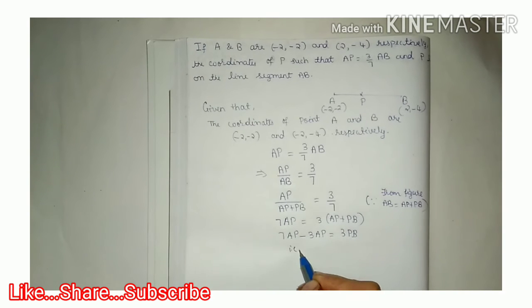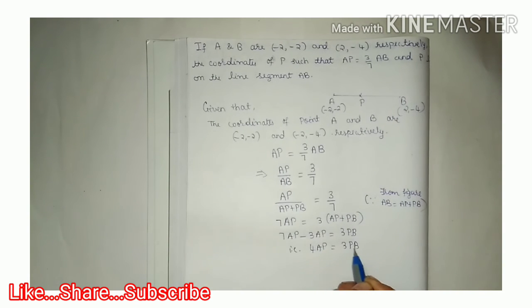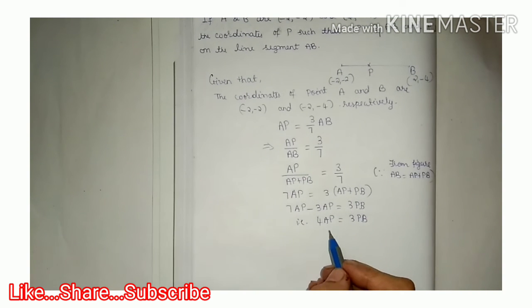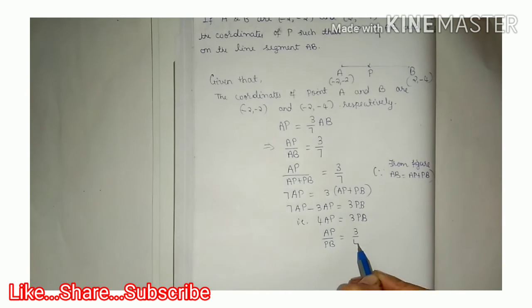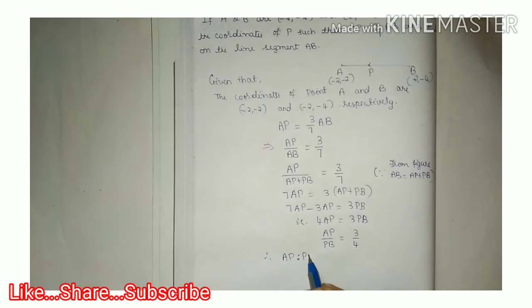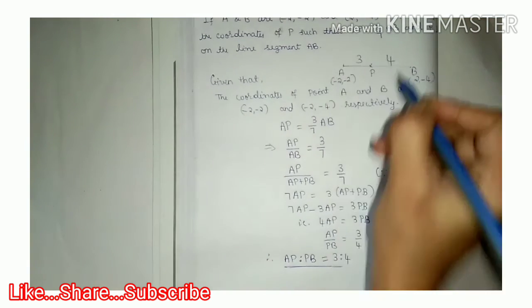That is 4 AP is equal to 3 PB, or AP by PB is equal to 3 by 4. Therefore AP:PB is equal to 3:4.